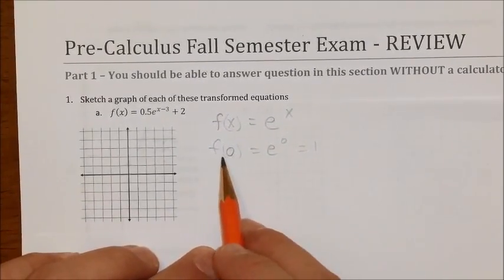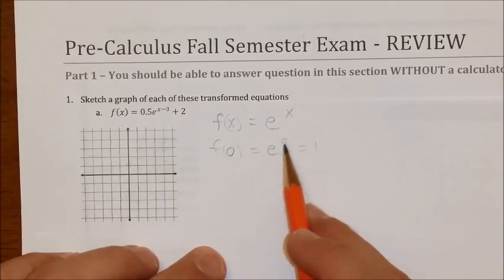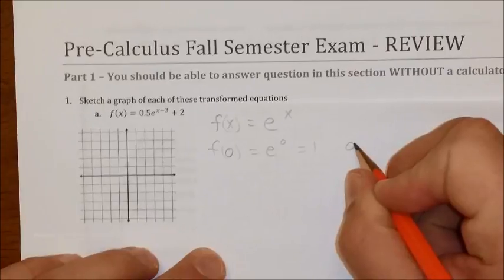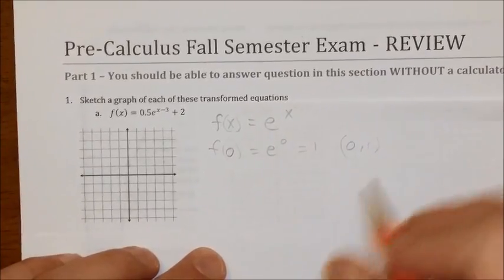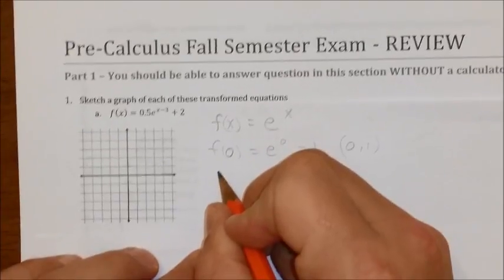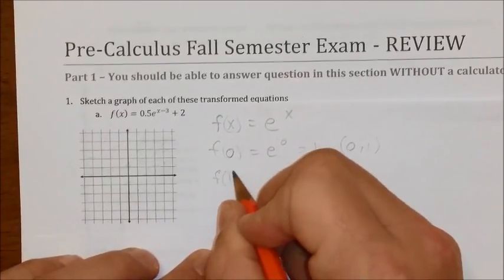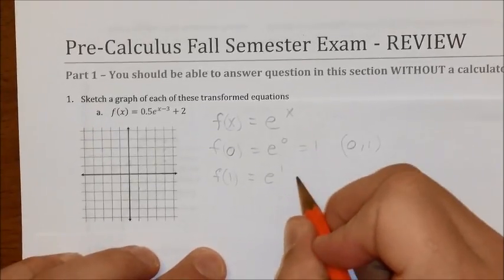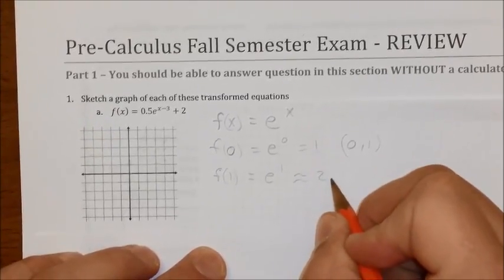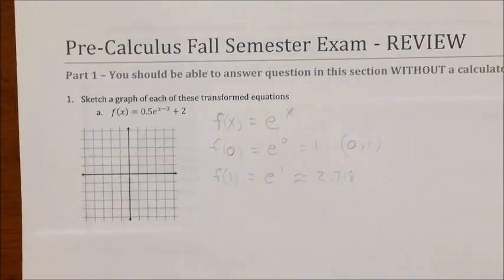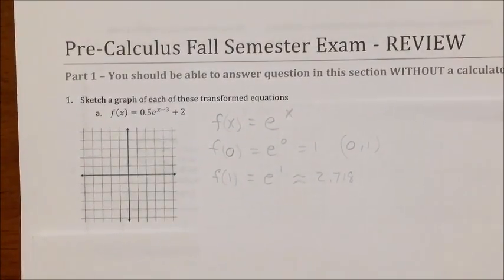So we evaluate f of 0, and we know that anything raised to the power of 0 is 1. So we should have a point at (0, 1) that we can plot. And also if I plug in a 1, e to the first power is approximately 2.718. So I should be able to plot both of those on the parent function relatively easy.